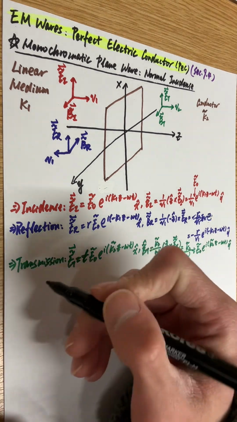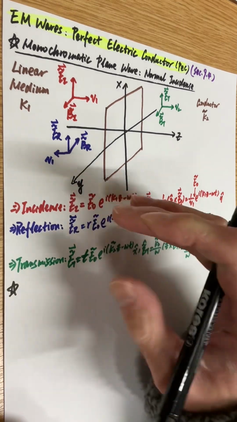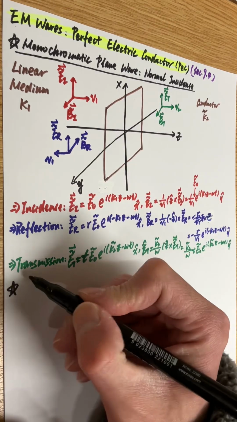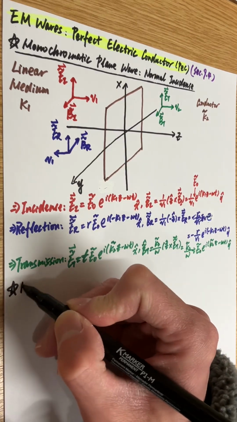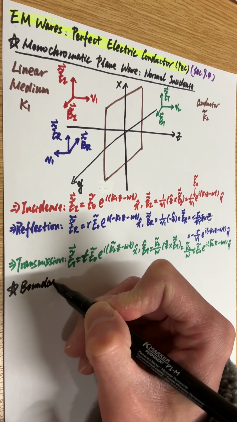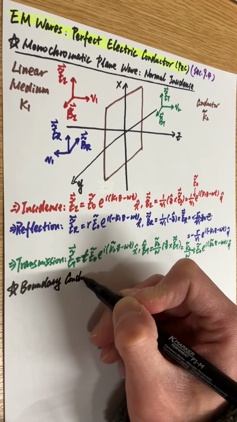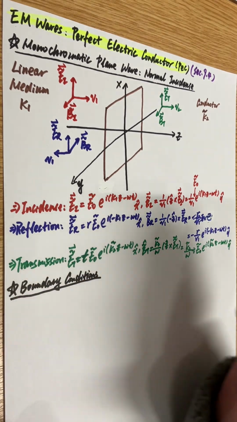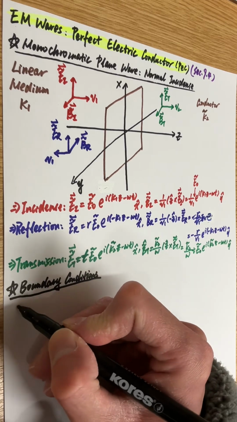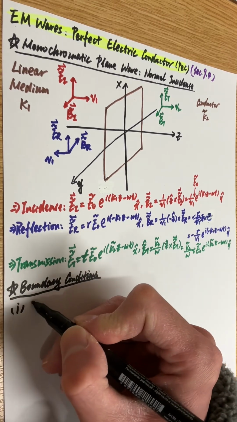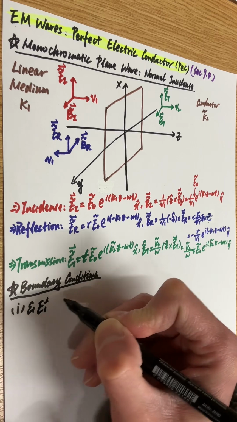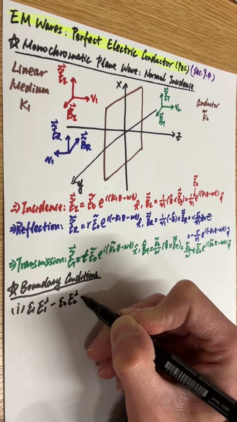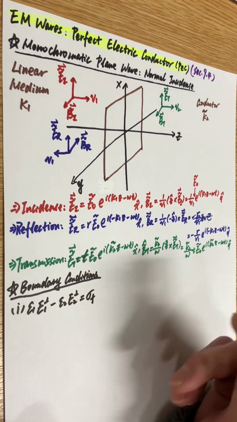And then we have boundary conditions. We need to make these three waves meet at a boundary so that we can establish a relationship between them. So for the full boundary conditions, universally true, we have first, epsilon 1 E1 normal component minus epsilon 2 E2 normal component equal to the surface charge density.